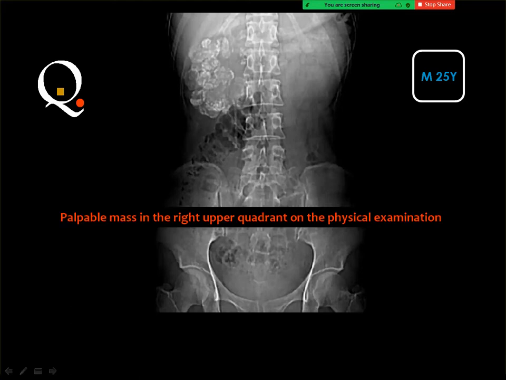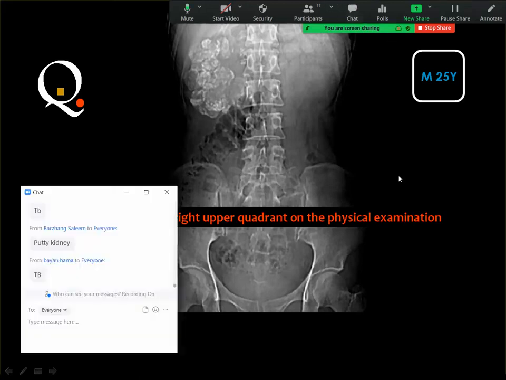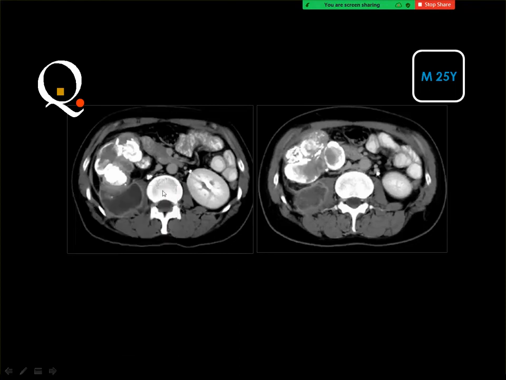This is a male, 25 years old, and he has a palpable right upper quadrant mass on physical examination, and this is the scanogram obtained for the CT, and this is TB kidney. This is the CT scan of the same case.